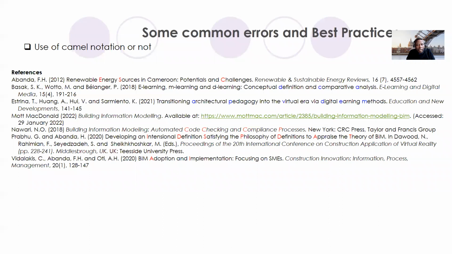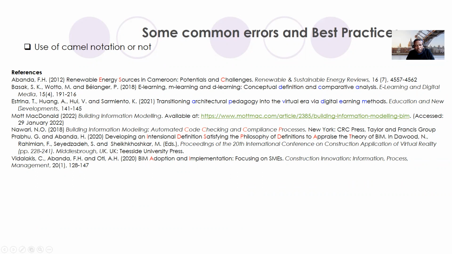And the use of capitalization. You have to be consistent. See Abanda, the article is Renewable Energy. You see the E is uppercase, the S is uppercase, challenge is uppercase, the first letter though. But then when you go to the next one, everything, the definition is lowercase, comparative analysis is lowercase.